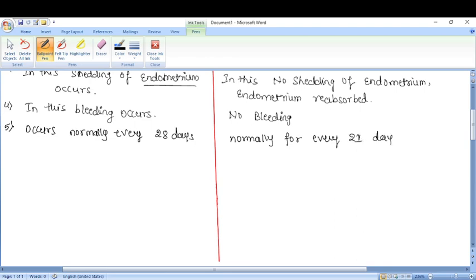The menstrual cycle occurs every 28 days and the oestrus cycle every 21 days.